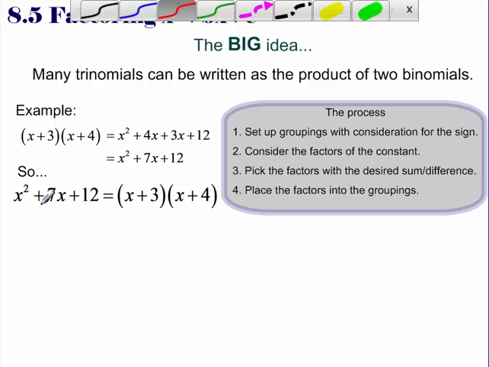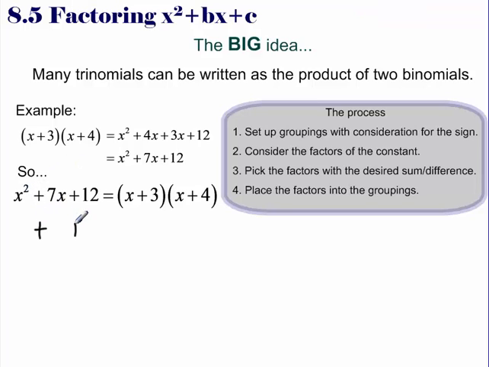So here's what we have. If my signs in my trinomial right here are plus plus, as you see here, then my groupings, this is setting up my groupings, are going to be plus plus. If my signs are plus negative, then my groupings are going to be negative negative.